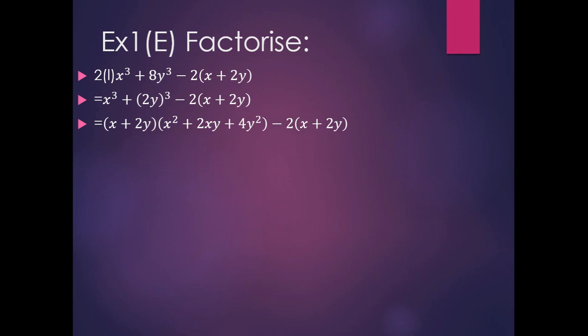So here the a cube plus b cube is a plus b, a square minus ab plus b square.